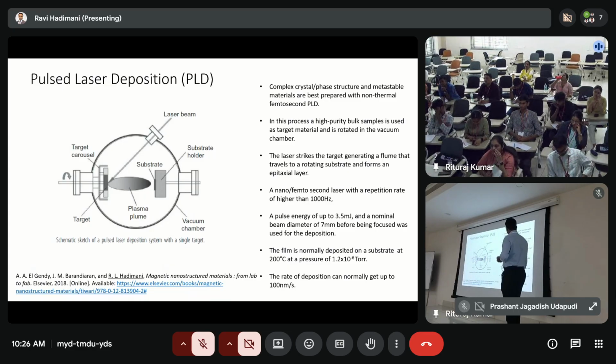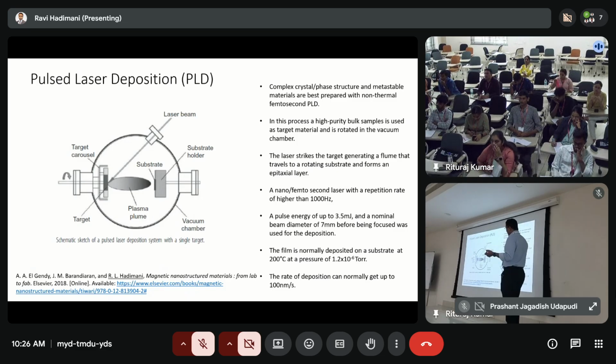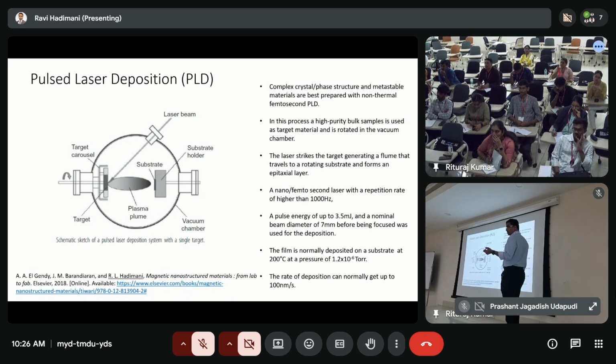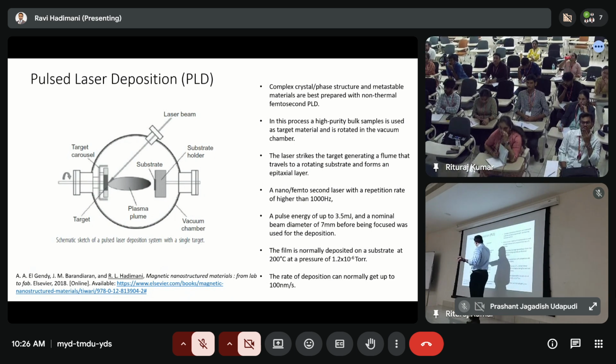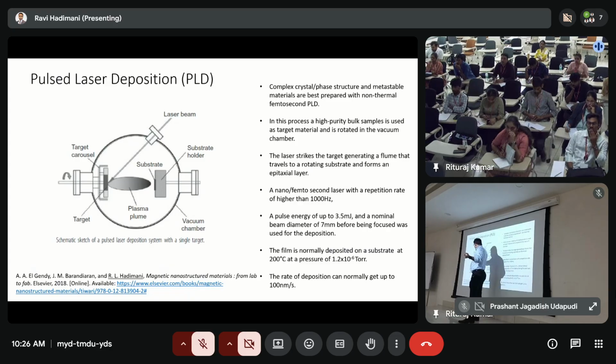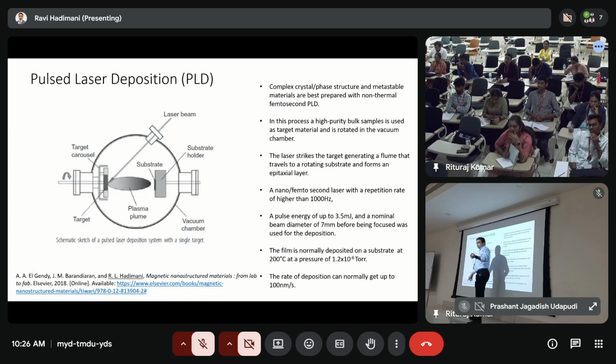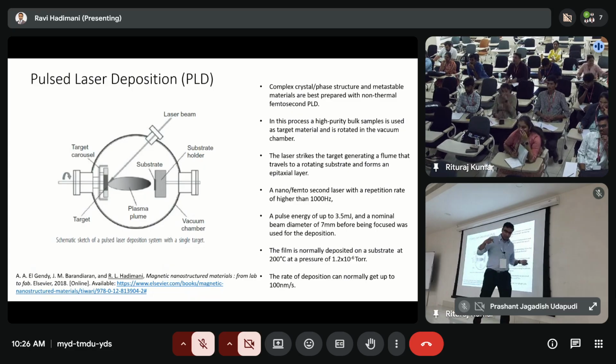One of the nice things here is that it can be a low temperature process, because the laser itself has the energy to generate fume.